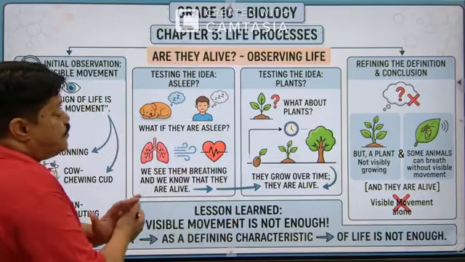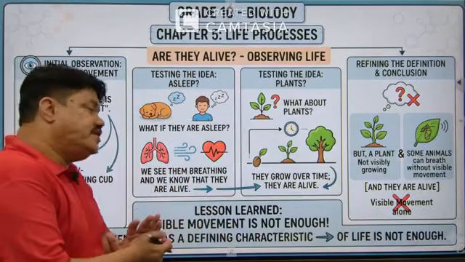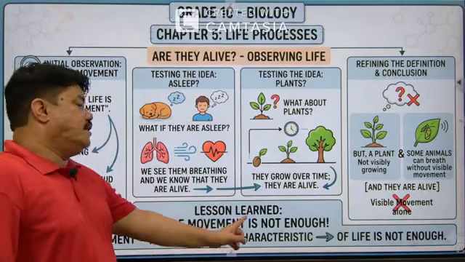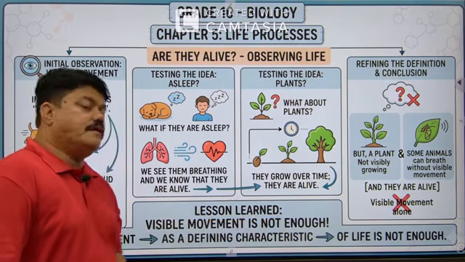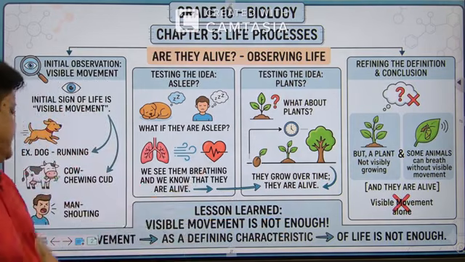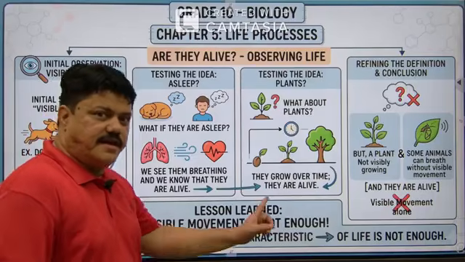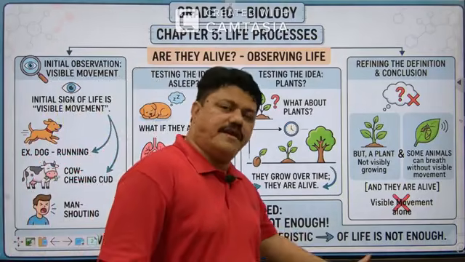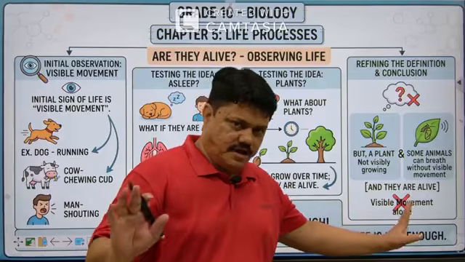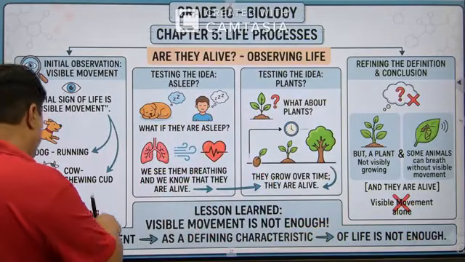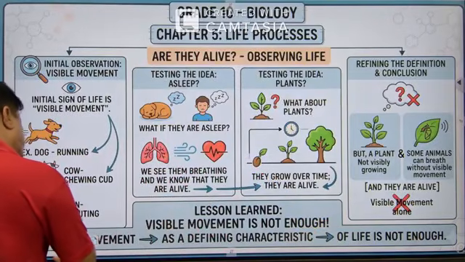So visible movement alone is not enough. The bottom line is, visible movement as a defining characteristic of life is not enough. This is all about the first para.